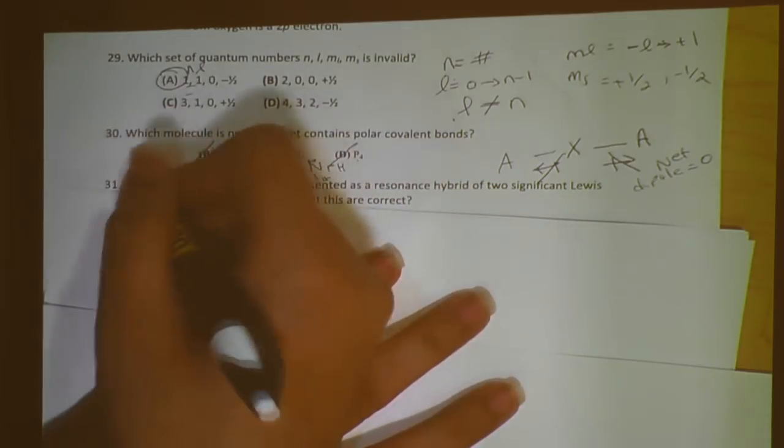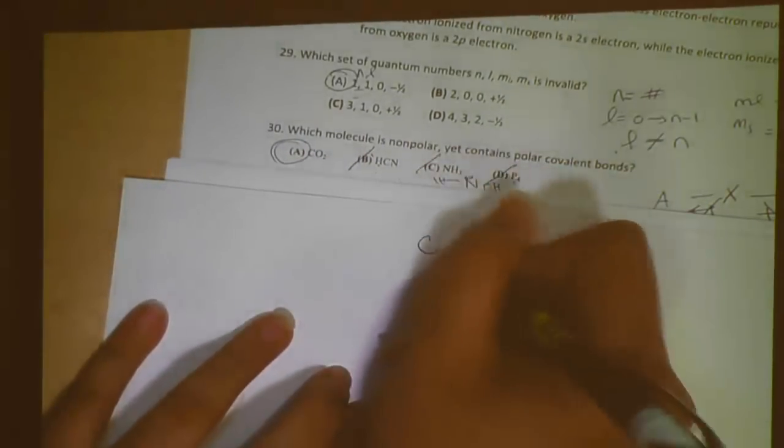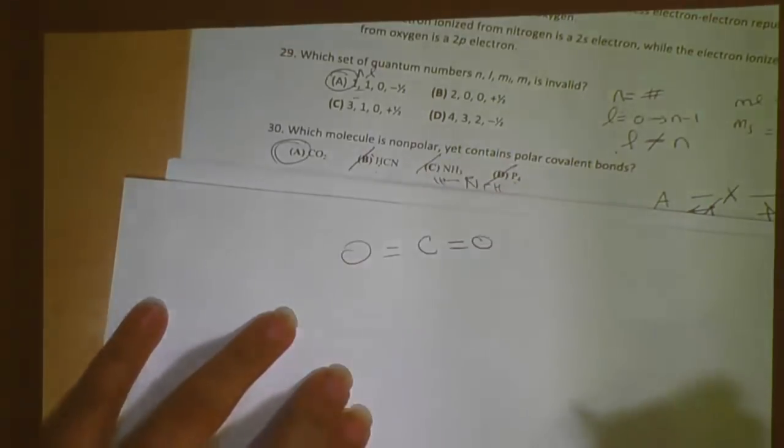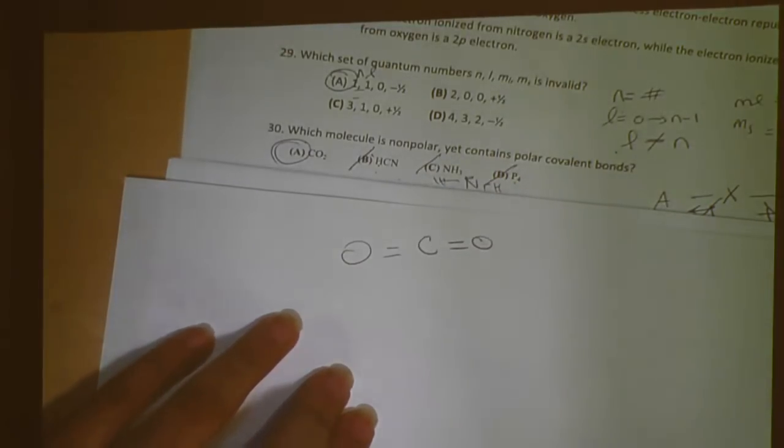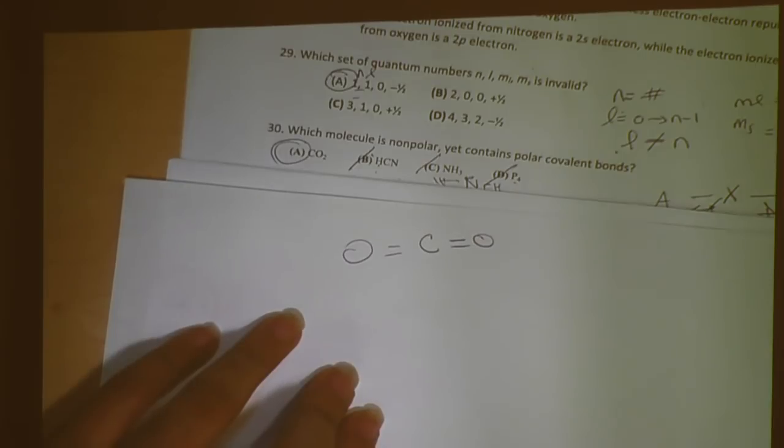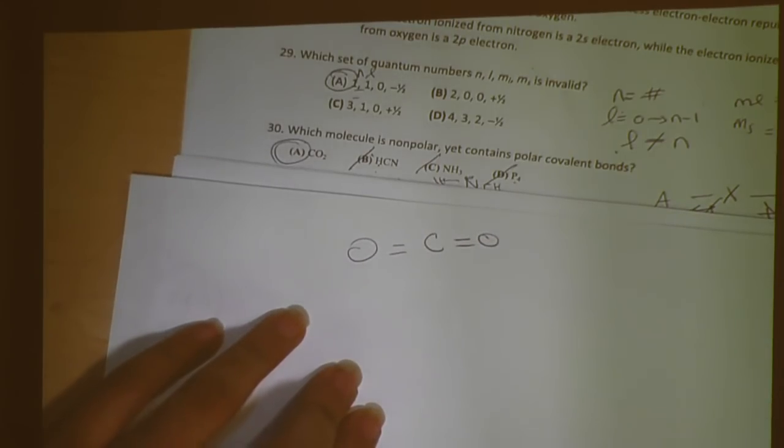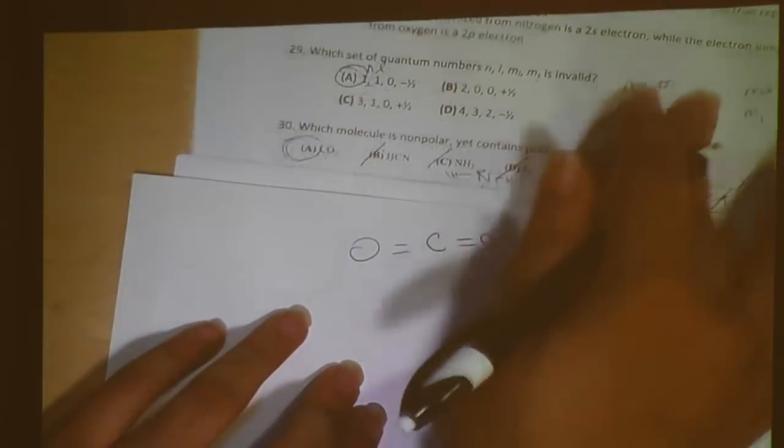So the only one that makes sense is CO2, and CO2 would look like this. C can form 4 bonds, and because there are 2 oxygens, it's going to be double bonded to one O and double bonded to the other O, because oxygen also wants to form 2 bonds.